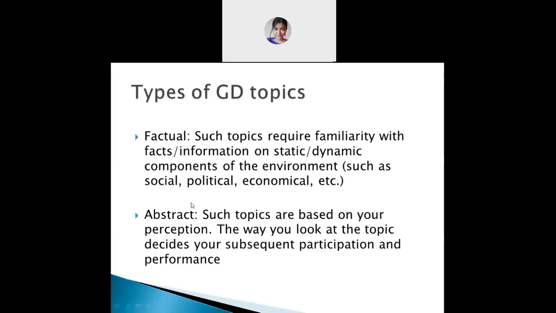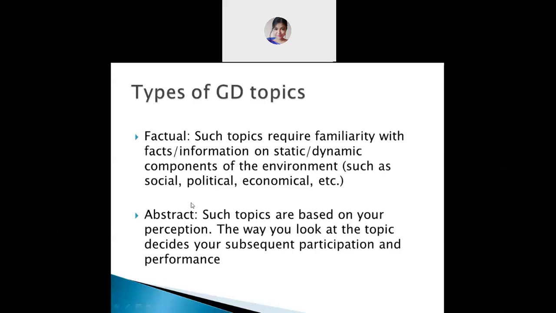Okay. Factual topic in general is related to topics related to politics, environment, economy, society, history, something that had earlier taken place or something that is currently taking place.